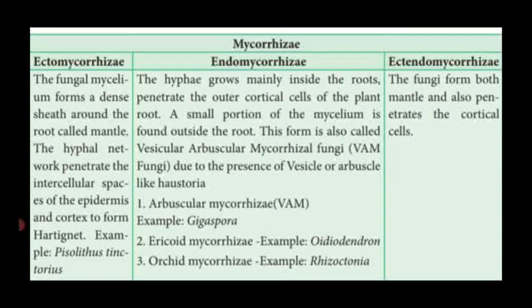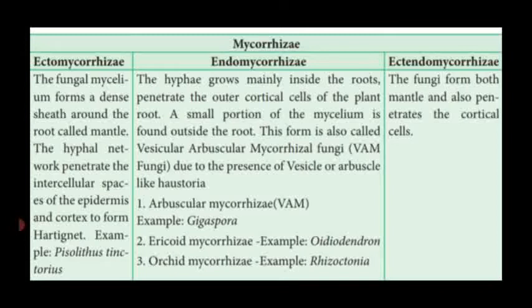Another one, endomycorrhizae. The hyphae grow mainly inside the root and penetrate the outer cortical cells of the plant. So the first type is produced on the outer side and enters the inner side of the cortical cell. The second type is produced on the inner side of the cortical cell and penetrates outside the region.